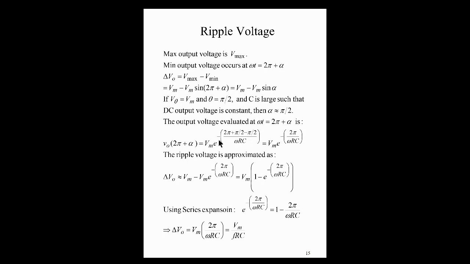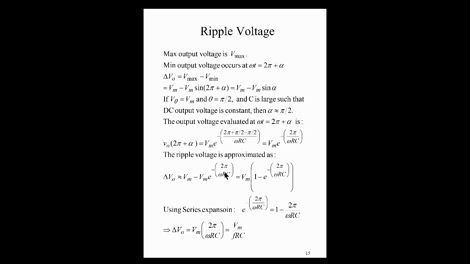So you can determine this by setting omega t equal to 2 pi plus alpha into the equation, right? So you're now going to substitute all of that into the expression here. All right, and you would have been able to approximate what the ripple voltage is equal to.